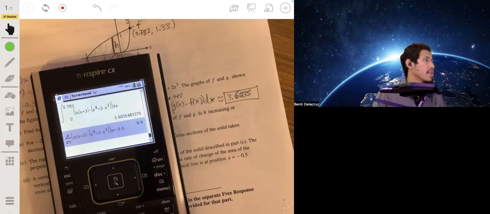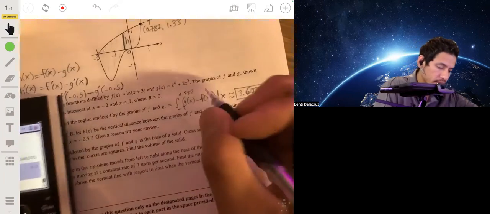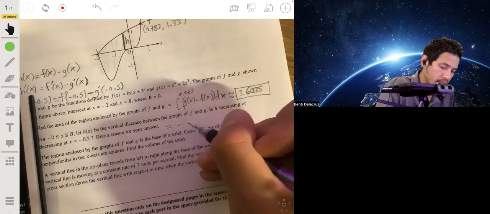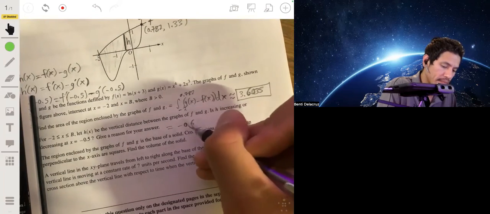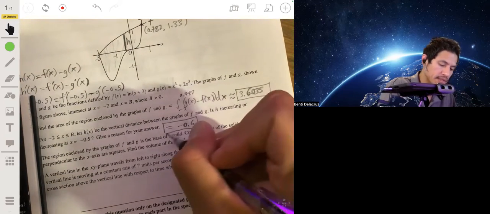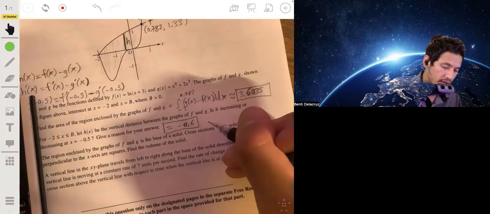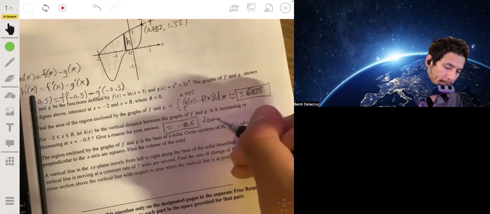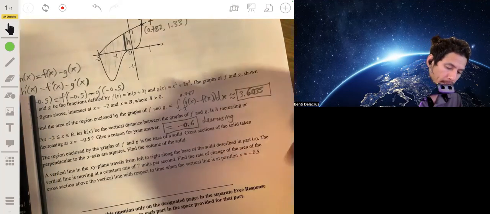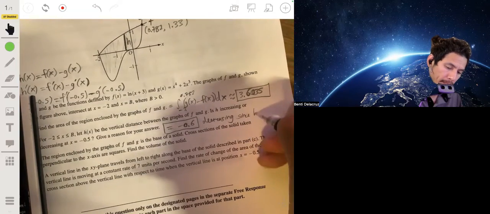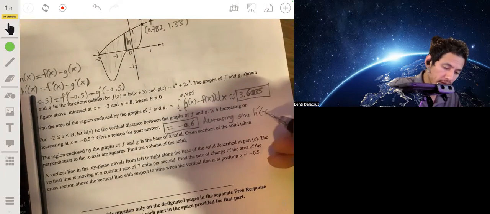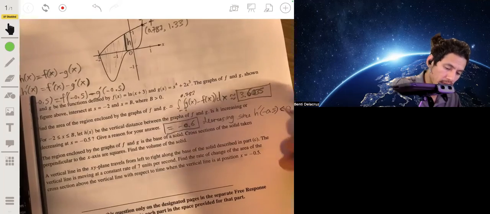Let's see, we get negative 0.6. Okay, so then that means decreasing since h prime of negative 0.5 is negative. Since h prime of negative 0.5 is less than 0.